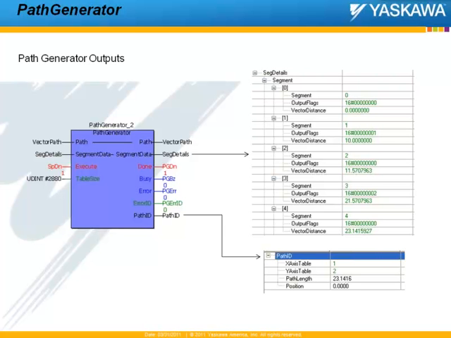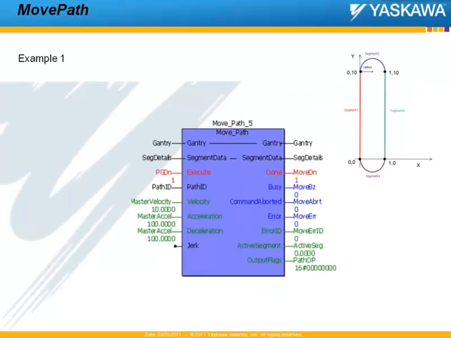The next function block here that we are going to talk about is the move path. 2 important elements that are input into the move path function block are the segment data or the segment details, the variables that we created using the path generator. So the segment data that comes out of the path generator is important, as is the path ID that comes from the path generator.